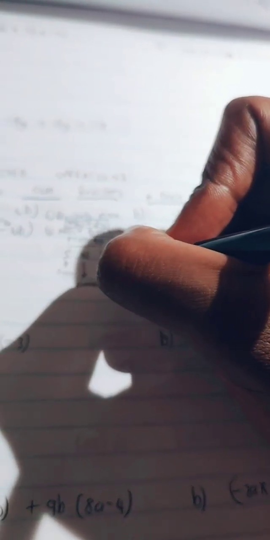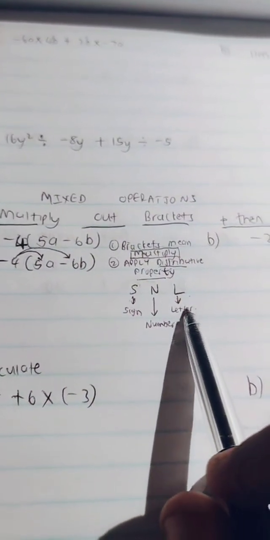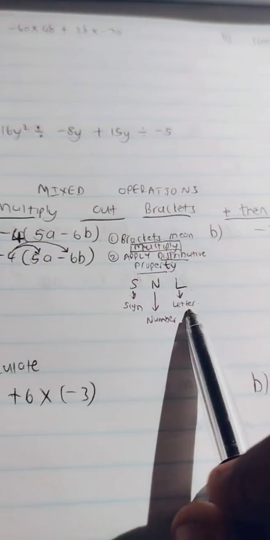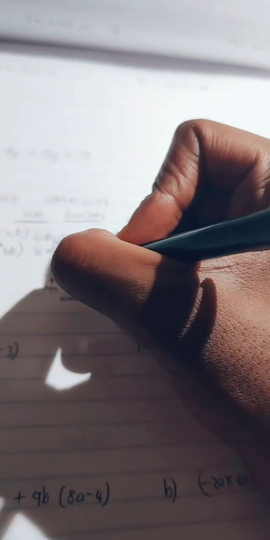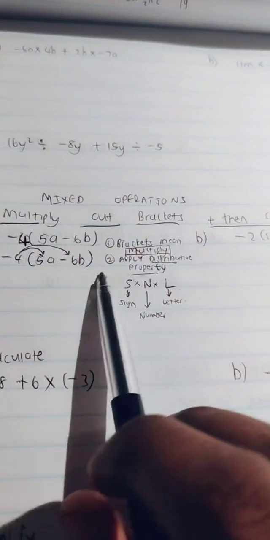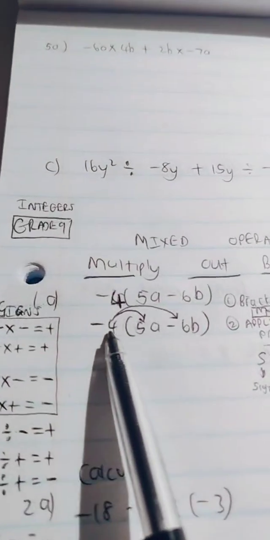And then three, when you distribute, if there are letters of the alphabet, you also consider the multiplication of those letters. What multiplication does is that it combines the sign, the number, and the letter together so that we have one term.